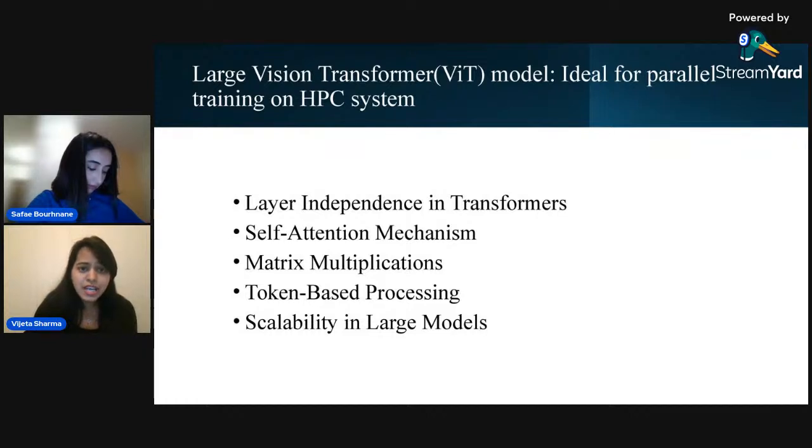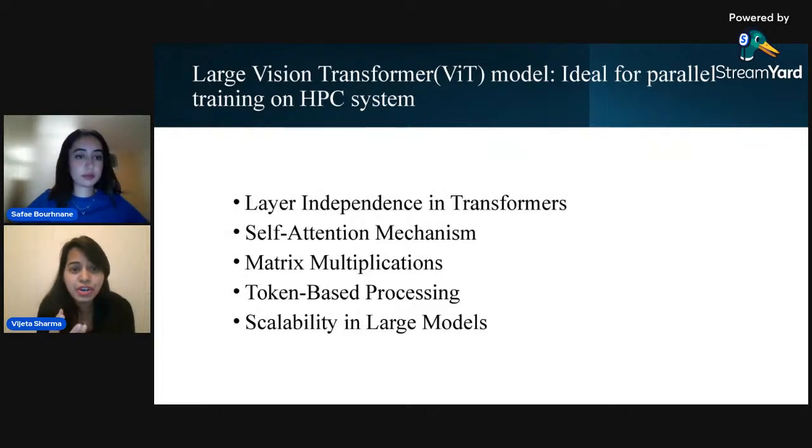We will see how vision transformer models are ideal for parallel training. They have layer independence in transformers, the self-attention mechanism, matrix multiplication, token-based processing, and scalability in large models. So these features of large vision models are enough to demand parallel techniques on HPC systems, right?